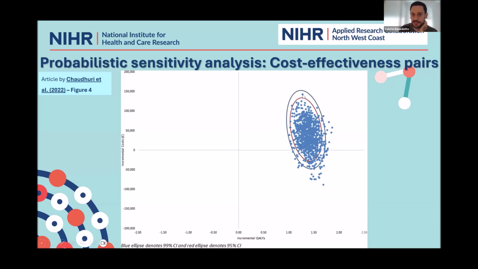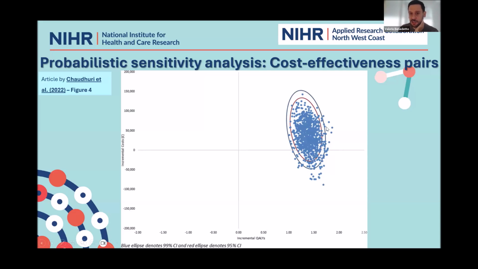If you look at this dot, for example, at the very top of the graph, it is associated with an incremental cost of about £140,000 and an incremental qualis of about 1.20. So you have higher qualis and higher costs, and you need to decide whether the higher costs are worth the higher quality you're going to get from the intervention.